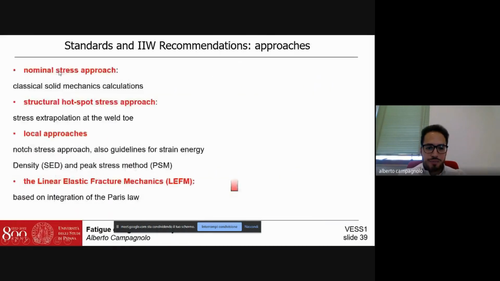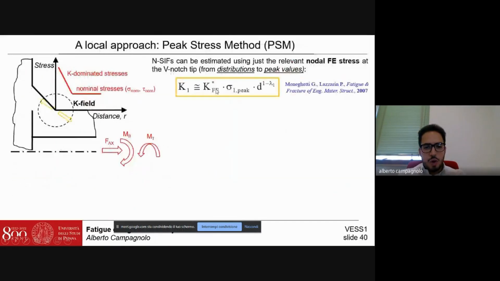However, the power of this approach is that we use a wrong stress value, which is absolutely a wrong stress value, but we can correct it with a given parameter, which is KFE star, and we can take into account the size of the adopted mesh, since the size of the adopted mesh influences the wrong stress value. So we take into account the size of the mesh with given correction parameters.